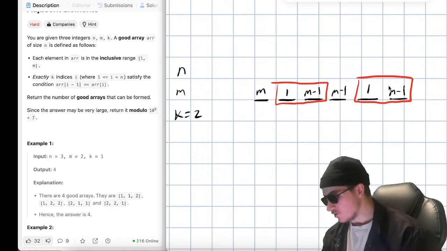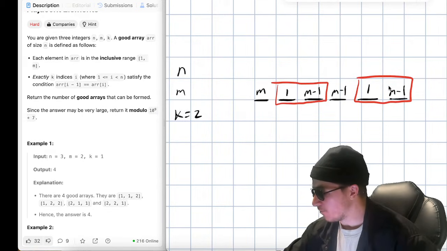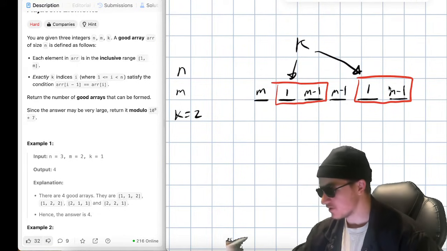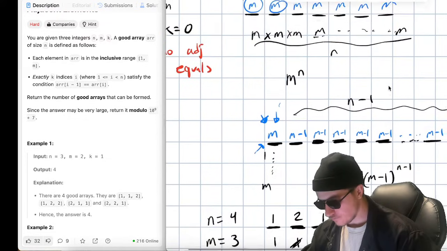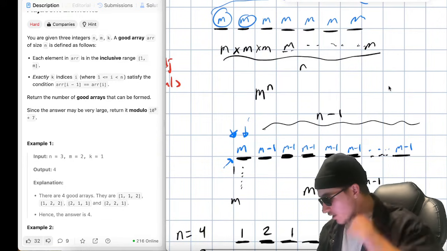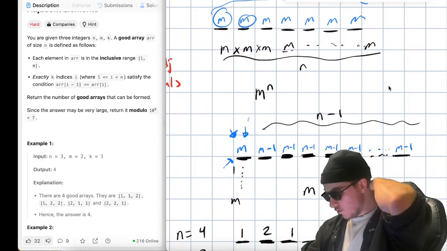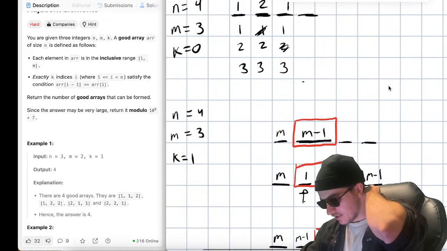Okay? So what you'll notice is that proportional to the number of k's is the number of times you're going to see these ones. When k was 0, there were no ones. When k was 1, there was 1, in a single example.